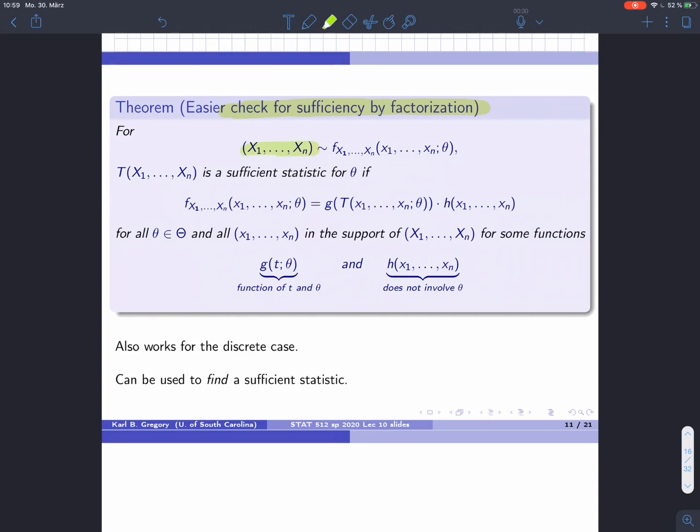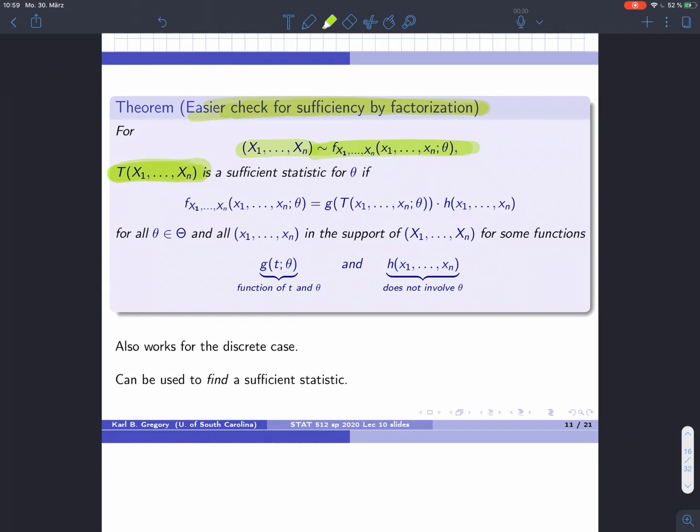We have some random variables in our sample with some joint PDF, or it could be a PMF. Nothing changes between the discrete and continuous cases. And we have some statistic, a function of the data values, and we want to check whether or not it's sufficient.